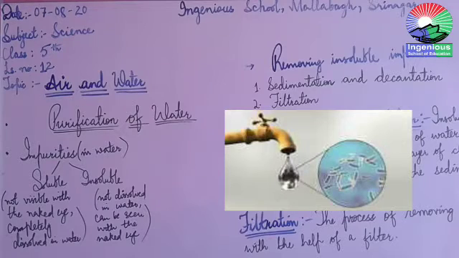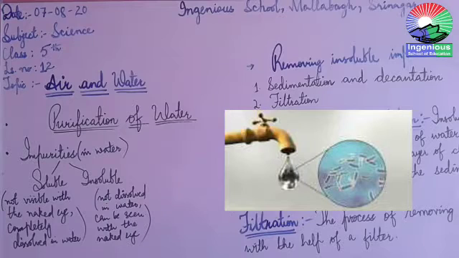Some common impurities that are found in water are some soil particles, some remains of plants and animals, and certain wastes. Some of the impurities are soluble in water and some are insoluble.